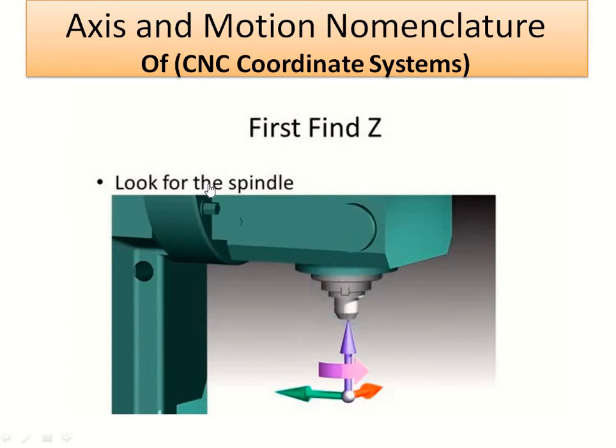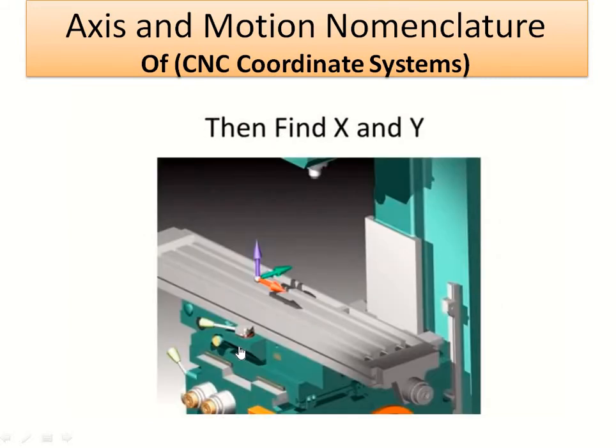Now first find the z axis, look for the spindle. This is the spindle, which shows the z direction, and for the positive rotation about it, we can curl the four other fingers to show the direction.